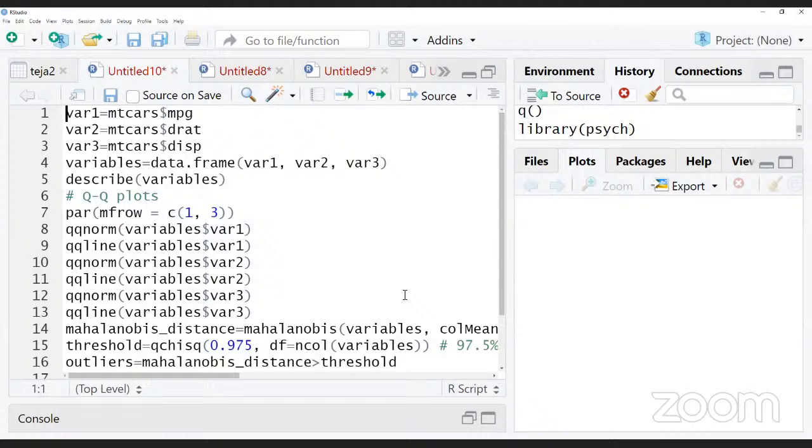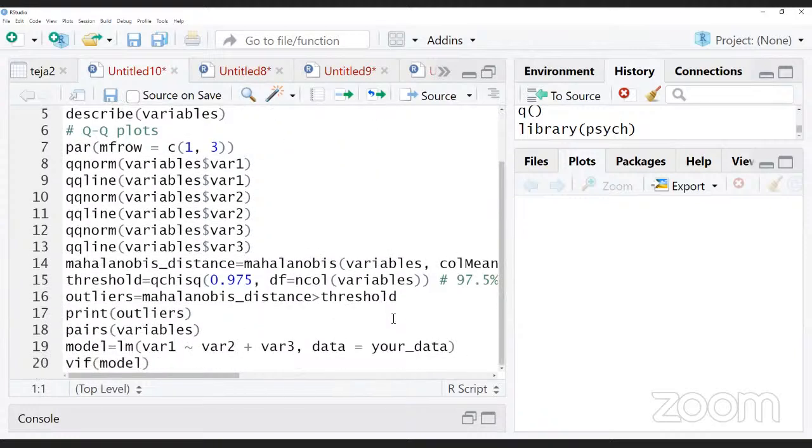Therefore, their correlation is more than 0.9 or more than 0.95, like that. So this is called multicollinearity. If there is any multicollinearity, then your multivariate statistics will be seriously affected.